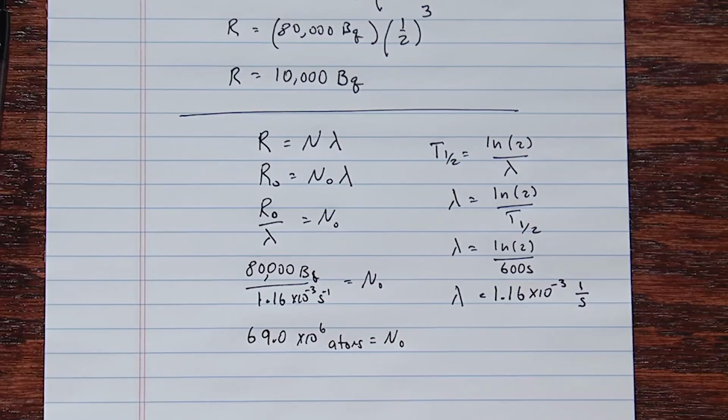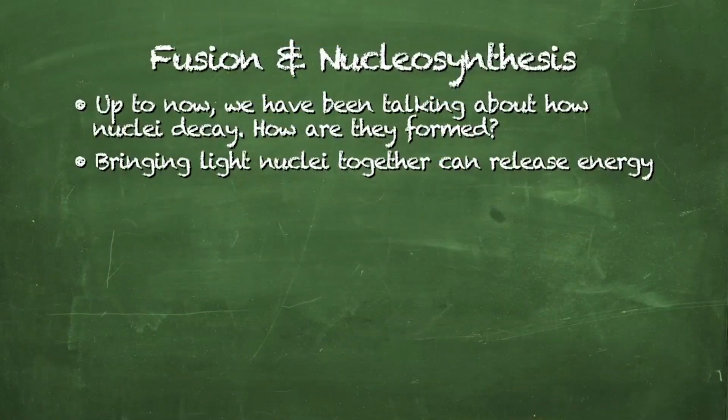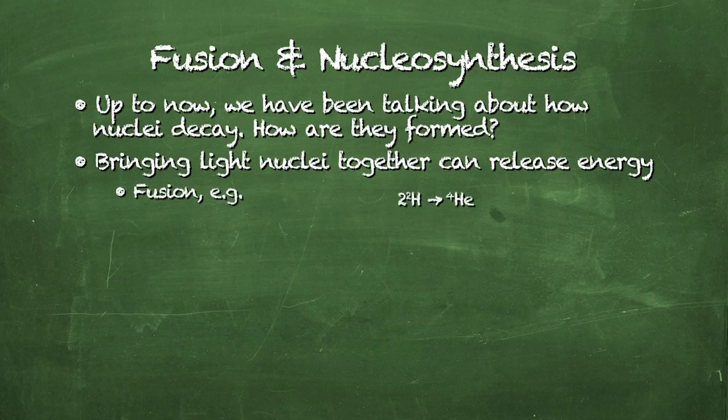So far, we've been talking about how atoms decay or fall apart. How are they created in the first place? Bringing together light nuclei can also release energy. This is called fusion. For example, if you bring 2 hydrogen-2 nuclei together to create a helium-4 nucleus, we can go through the math.